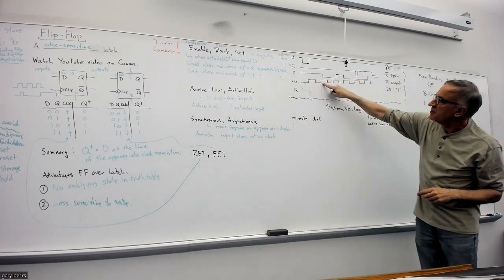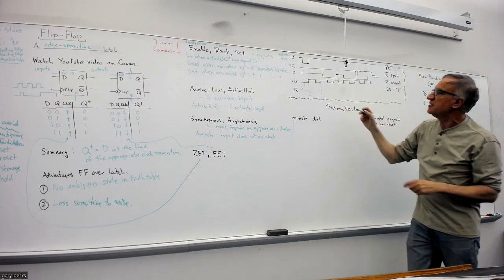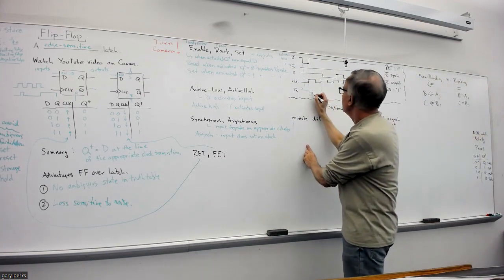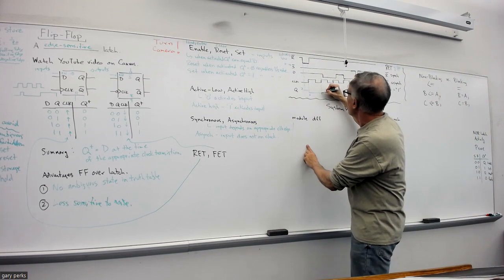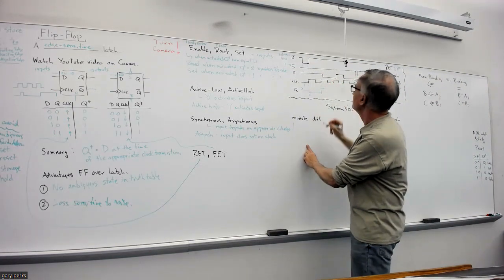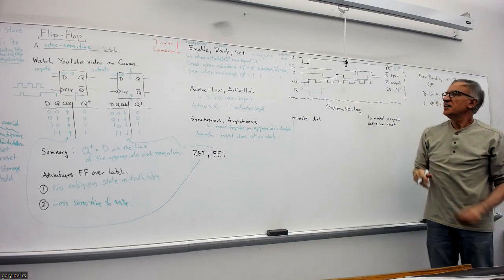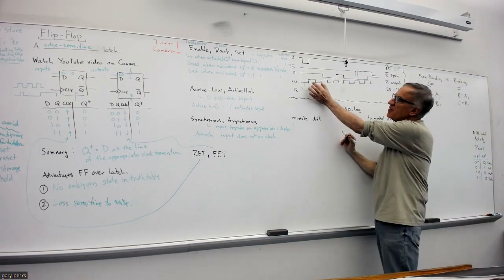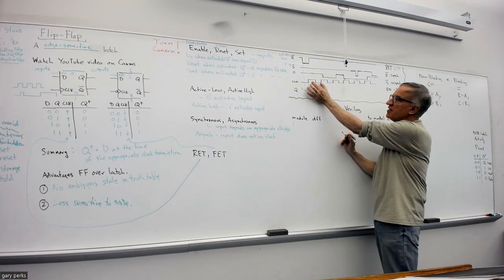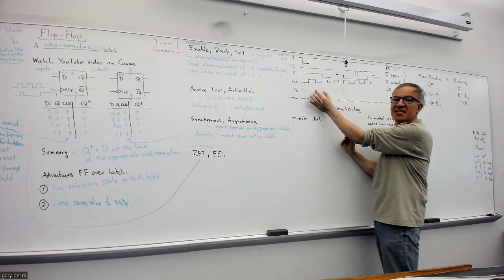So our next rising edge of the clock is right here, and D is a 1. So Q will stay at 0 until the time of this rising edge, and then it goes to a 1. See, for all other time other than the appropriate edges of the clock, Q's just going to stay what it was.